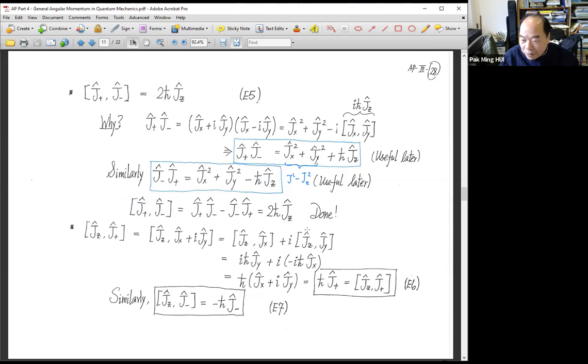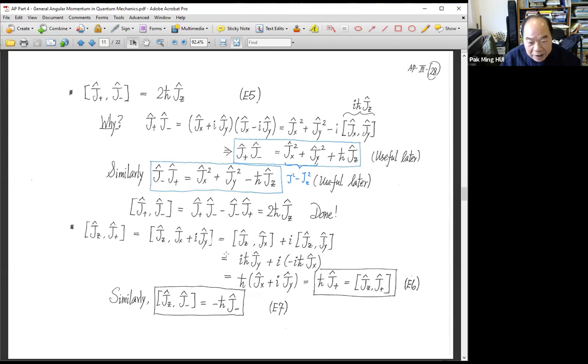The second commutation relation we are interested in is the following. How about Jz, J plus? Easy, definition, plug in, and you know each of these commutation relations by the definition. Therefore, you pick up two commutators, zx and zy, okay?